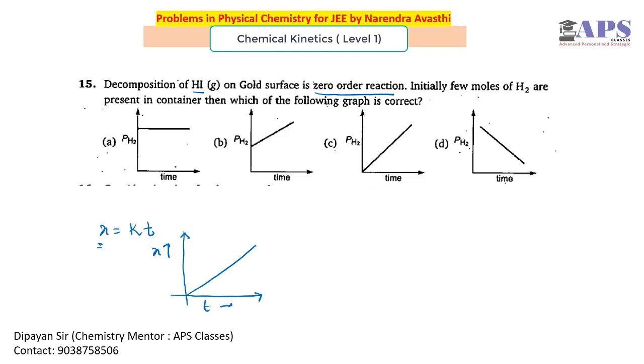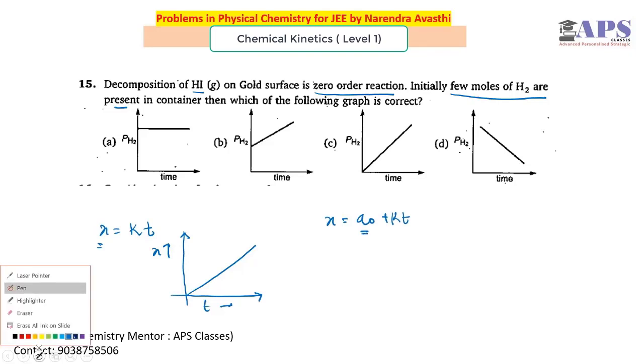Okay. Now thing is that initially few moles of H2 are present. So now it will become x equal to A0 plus kt, because A0 is the initial amount of H2 present in the situation.